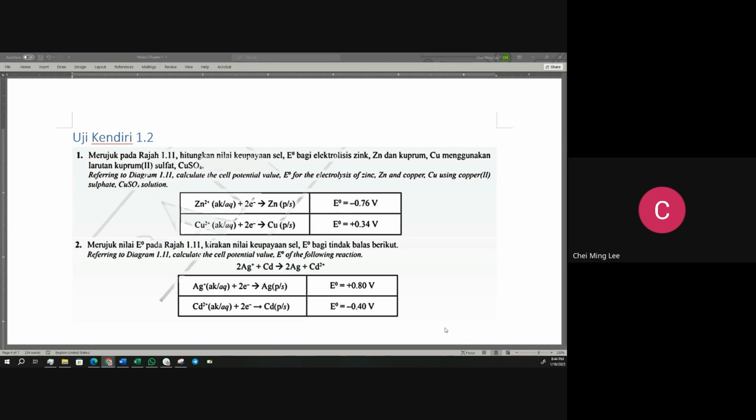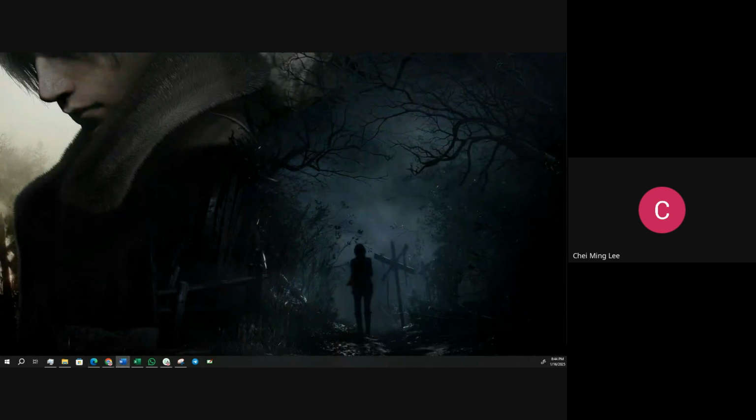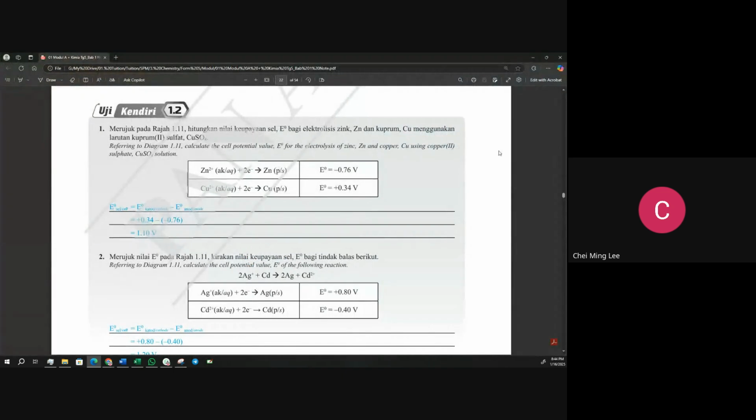Okay, so let's see the answer. For this one, we see zinc is receiving 2 electrons into solid zinc. This one is receiving 2 electrons into copper.